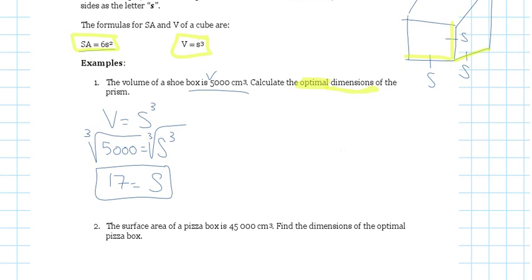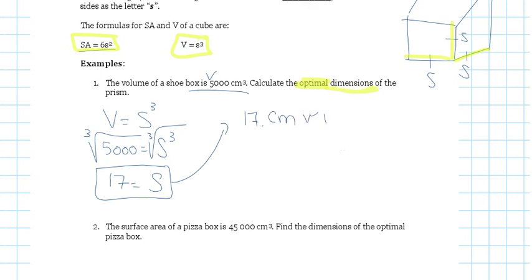So that means this side length gives the minimum surface area, okay? Which means that's your optimal value, okay?